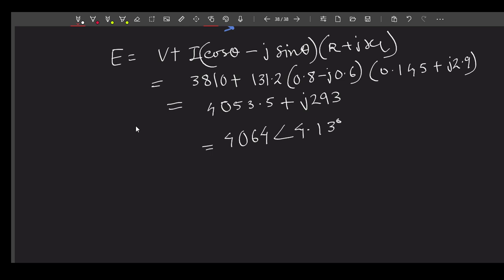Now see, just for our information and just for checking whether per unit gives us the same result or not.